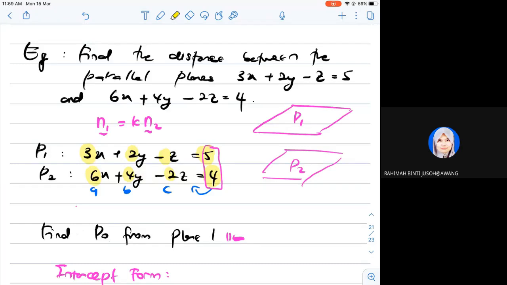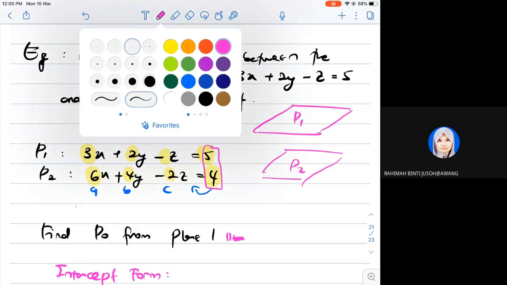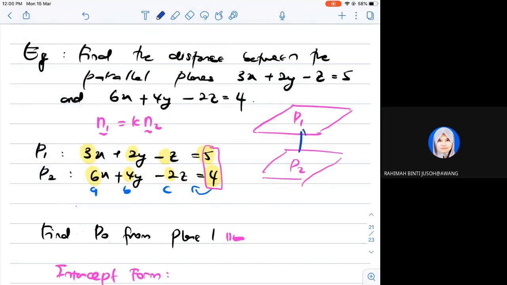Betul tak? Understand guys? Konsep dia? Plane dengan plane, kalau tak parallel dia mesti intersect. So bila intersect tak boleh carilah distance. Konsep distance, nak cari distance antara dua ni, distance antara first dengan second plane dia mesti parallel kedua-dua plane tu. Okay, so understand guys? You should understand.